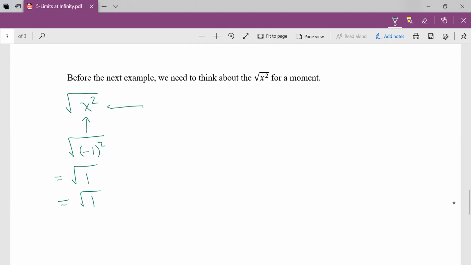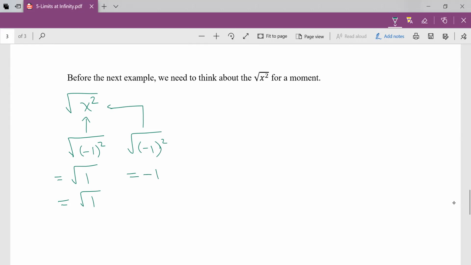But what if I did this? Still sub in -1, but now instead of squaring first, I simplify it first, and I say the square root and the square are inverses, so they undo each other. Well, if they undo each other, then I'm simply left with -1.